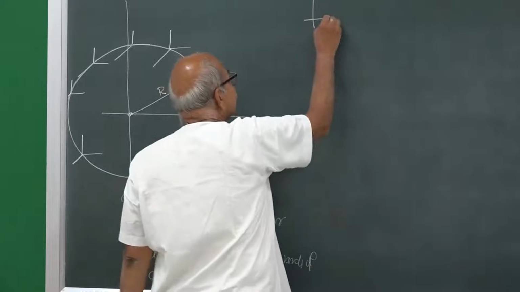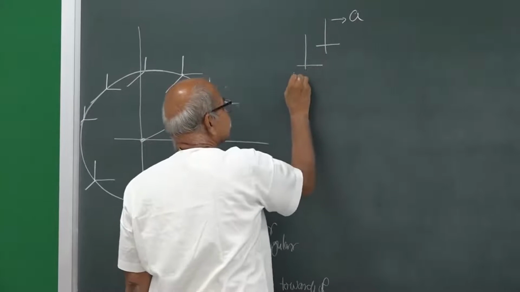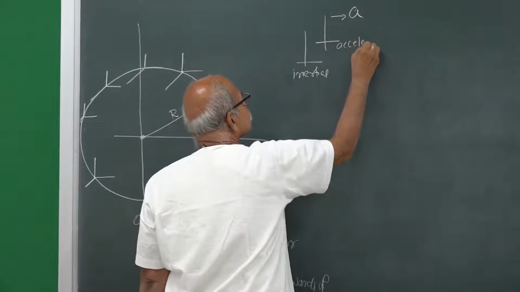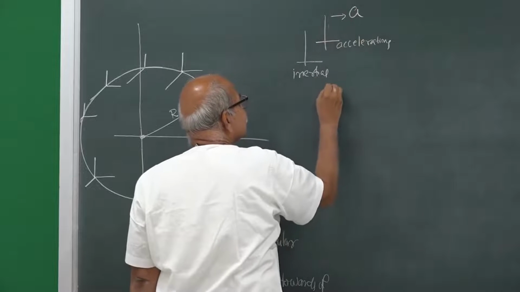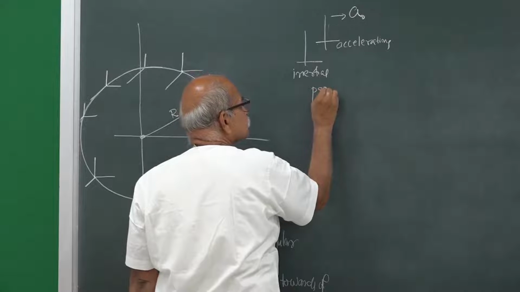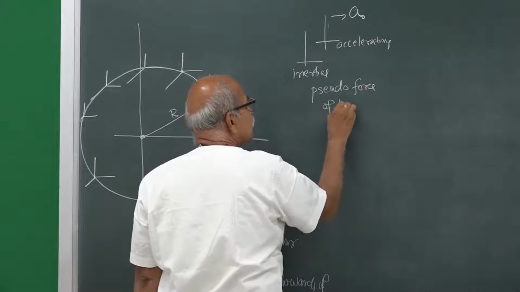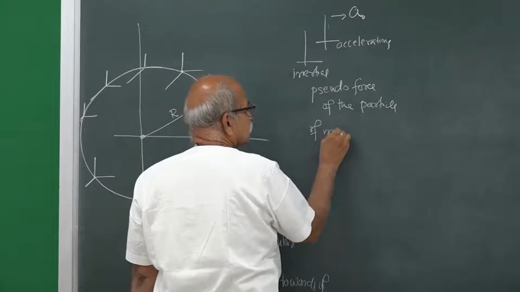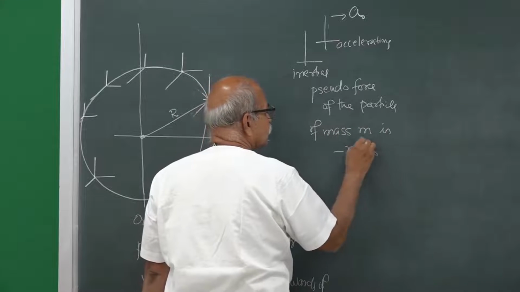So, if a frame is accelerating, having some acceleration with respect to some inertial frame, and this is our accelerating frame, and it is translational motion only, then if this is a naught, the pseudo force to be used on the particle of mass m is minus m a naught.